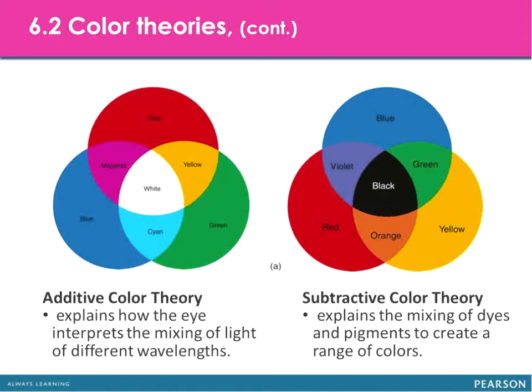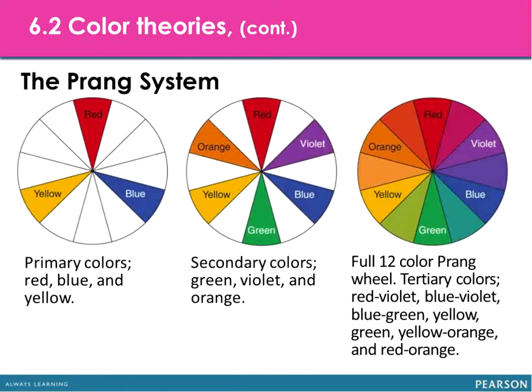We will focus on the subtractive color theory. And the Prang system is where it is put out into a wheel of 12 major color sections. You've got your 3 primary, oh, there they are, 3 primary, 3 secondary, and 6 intermediate or tertiary colors.